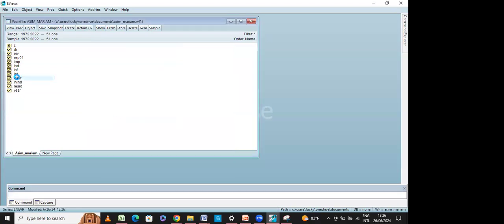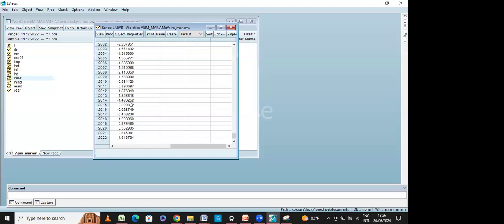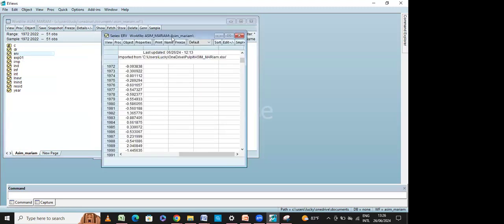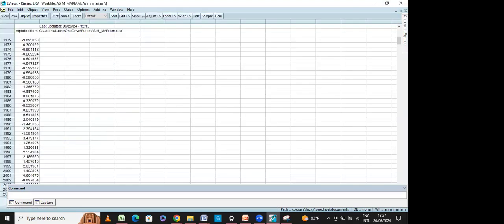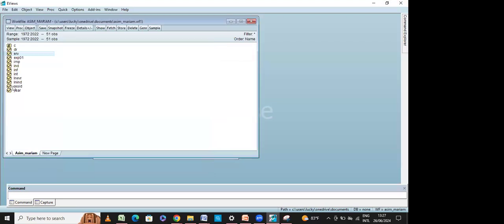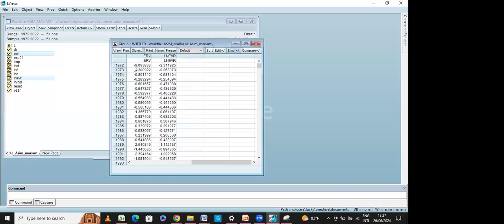See, a new variable is generated. It has already converted my bigger negative values into shorter values. Let's compare this one as a group. Here I can see that normally it was -9 and now it is converted into -2.3.